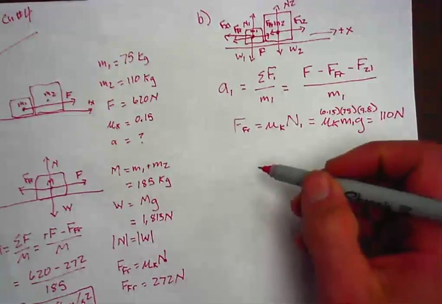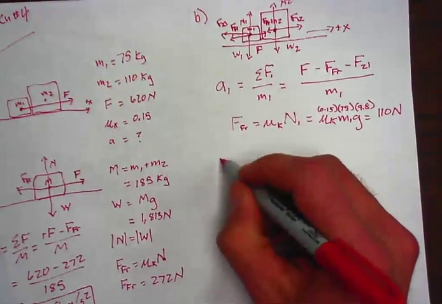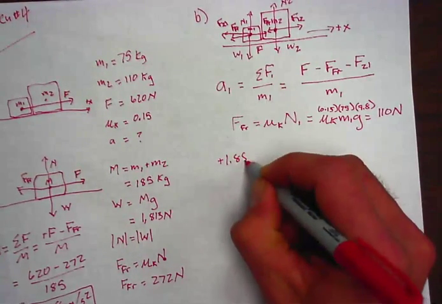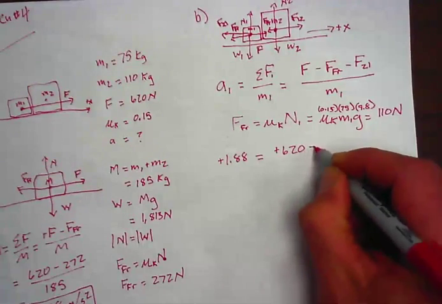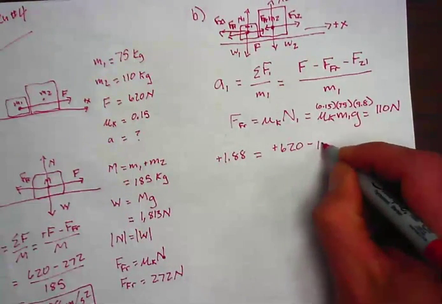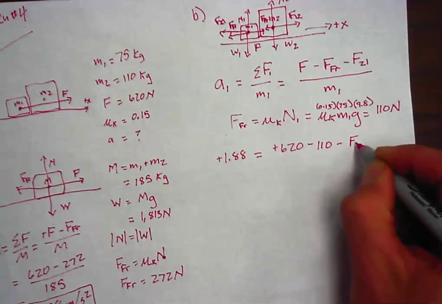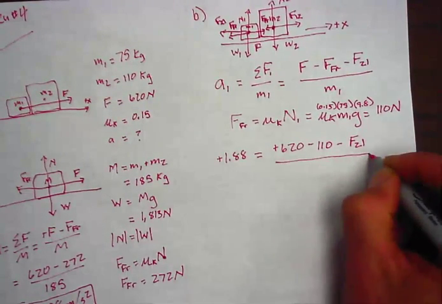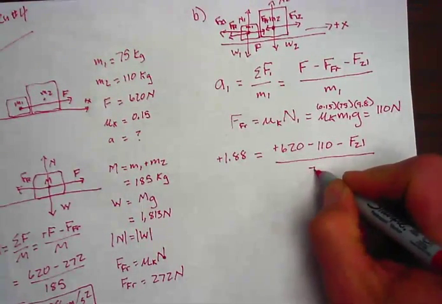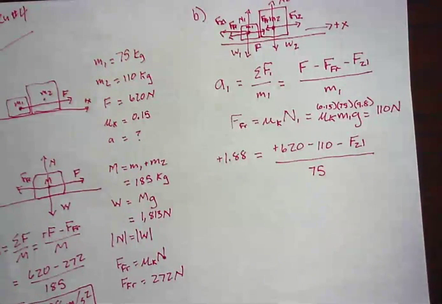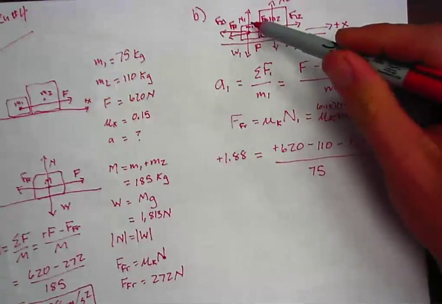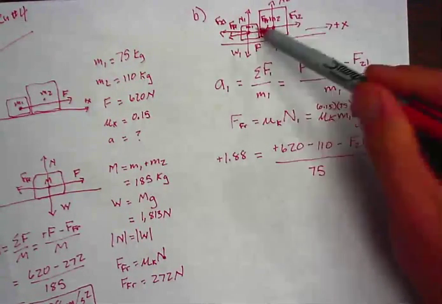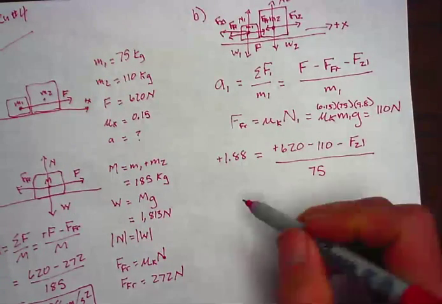So if I plug this in, what is a1? Plus 1.88. What is F? Plus 620. What is the force of friction? Minus 110. What is F21? I don't know, but I will soon, divided by 75. That is the equation I can use to solve for the force of interaction between box 1 and box 2.